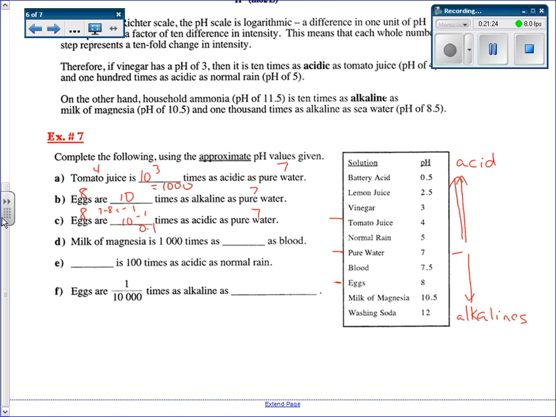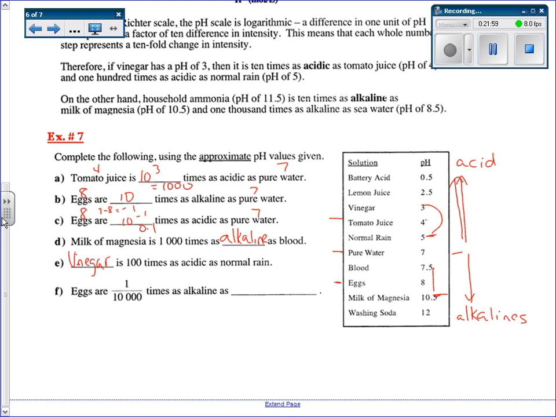Milk of magnesia is 10 times as, we want to know alkaline or acidic. So blood is 7.5, and we're going up the scale there, so as alkaline. And what we want to know is, what is 100 times as acidic as normal rain? So there's normal rain at 5, so we want 2 up, that's right, so vinegar.